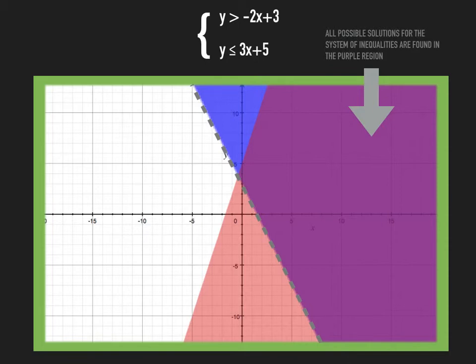The red section is only points that'll work on our bottom equation, and the white section is all points that won't work in either equation. But once again, we want to focus on the purple one because that's coordinate points that will solve both equations, and thus will solve our system.